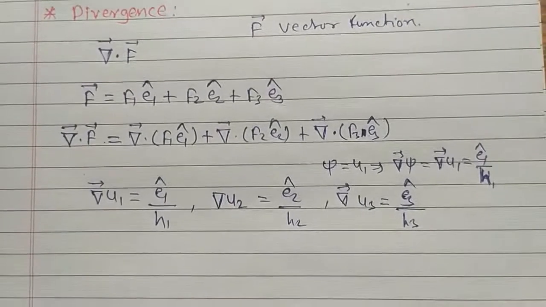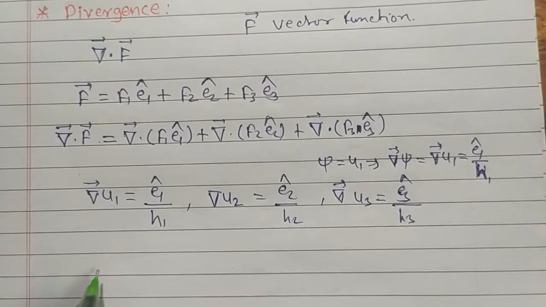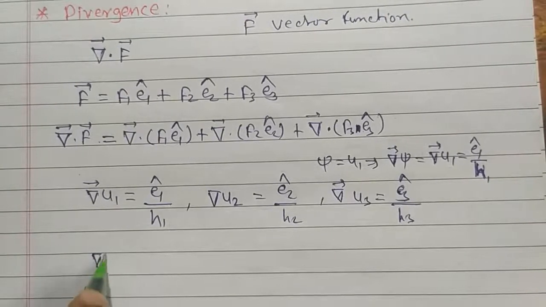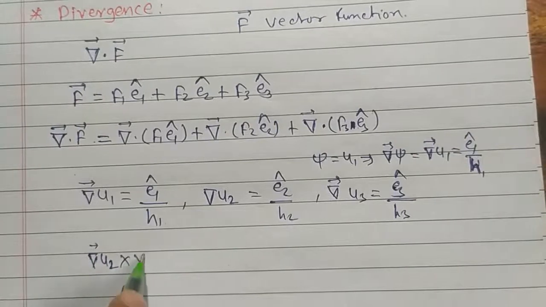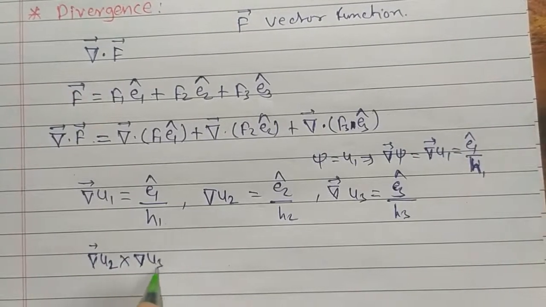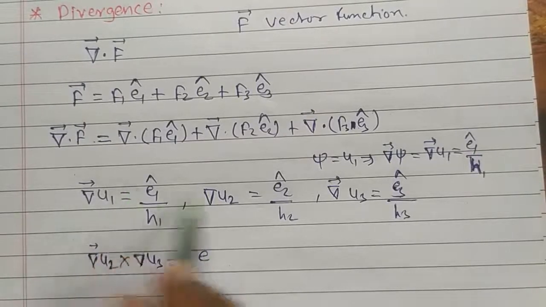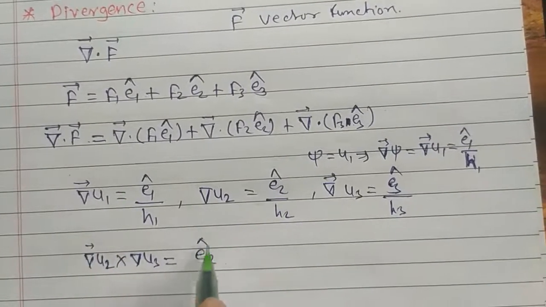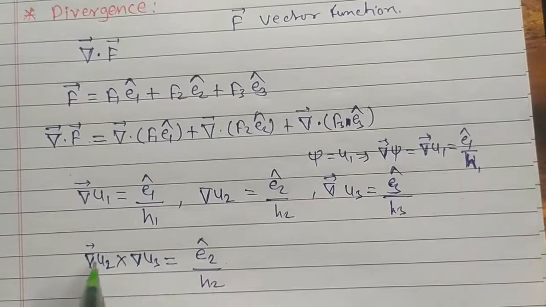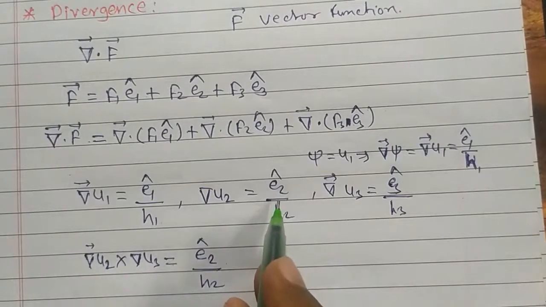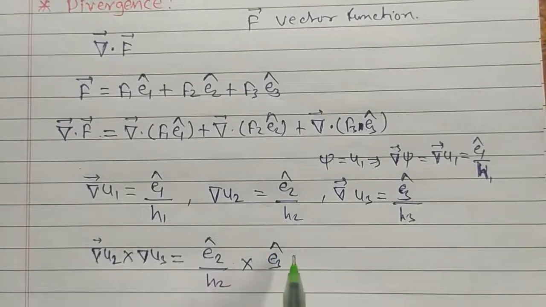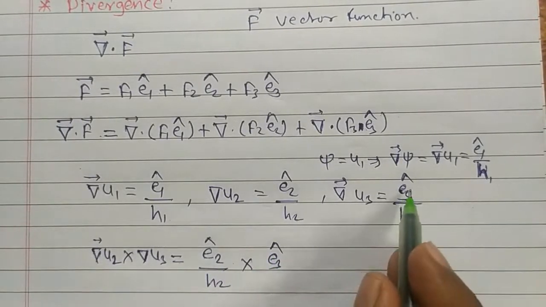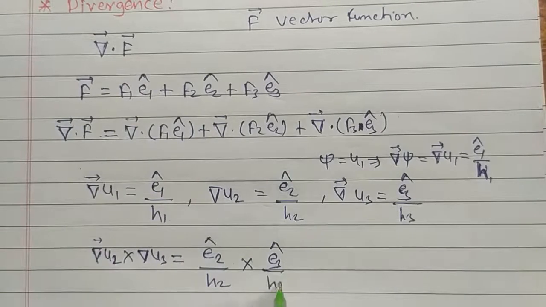Now if I take the cross product of del bar u2 cross del bar u3, then I can write it like this. I will use these values. So e2 cap upon h2 cross e3 cap upon h3.